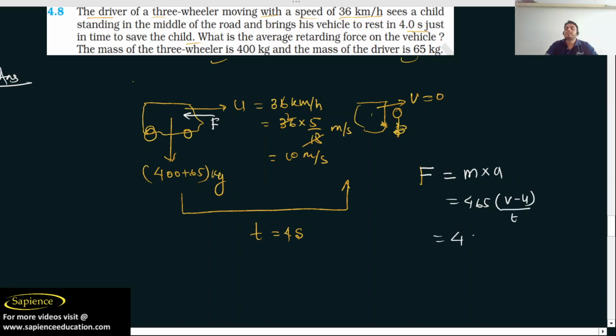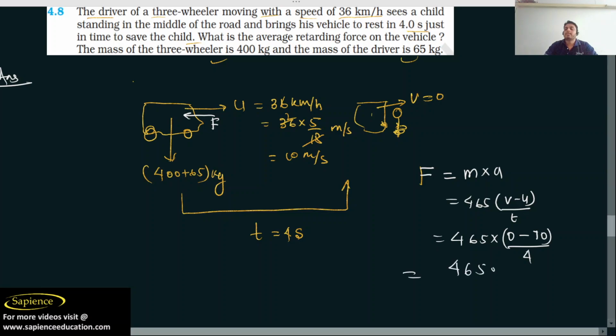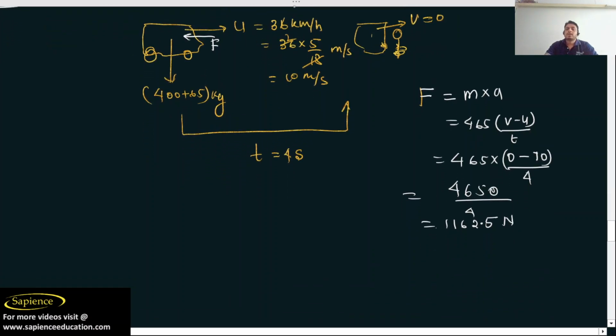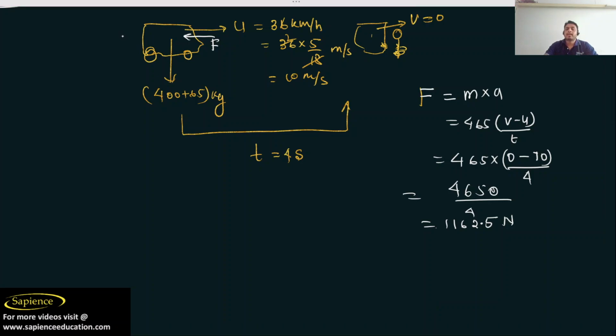So this will be 465 into final velocity 0, initial velocity 10, divided by time 4. So this will be 1162.5 Newton.